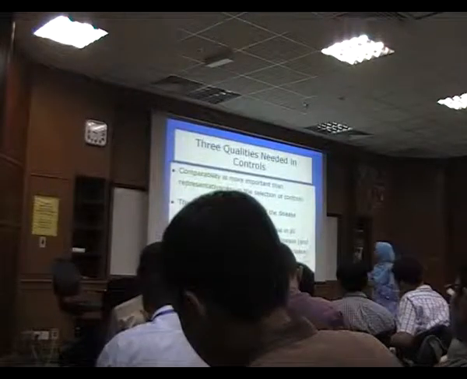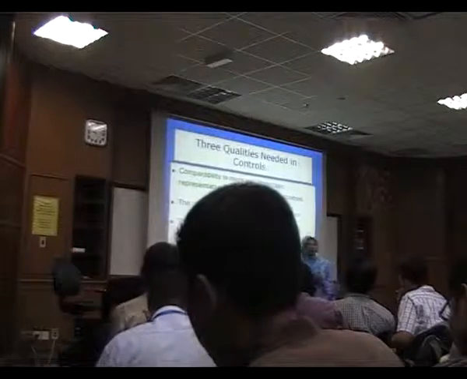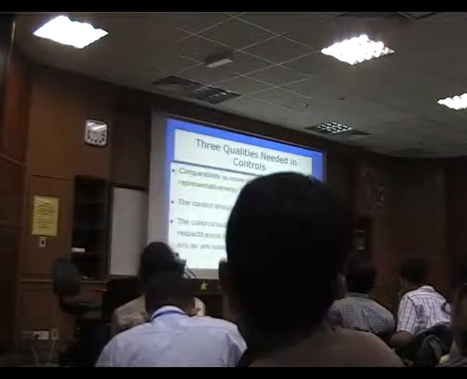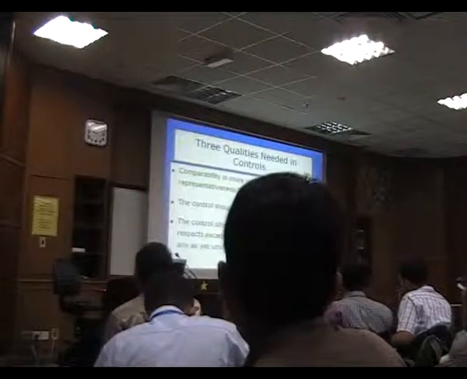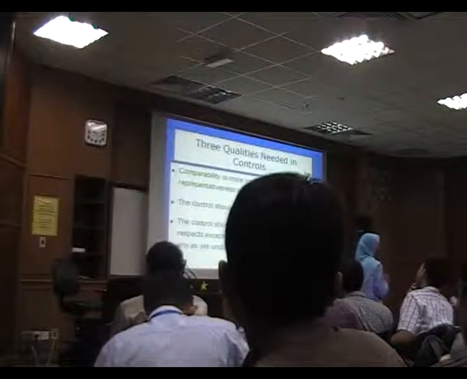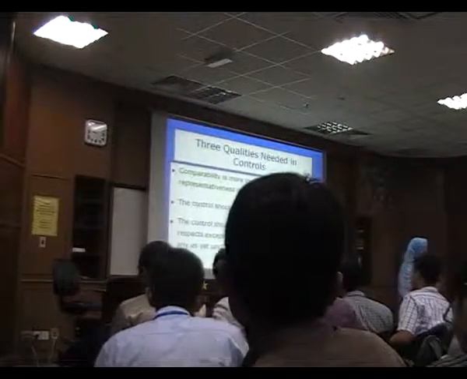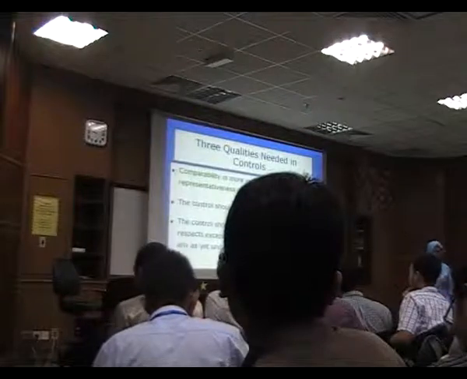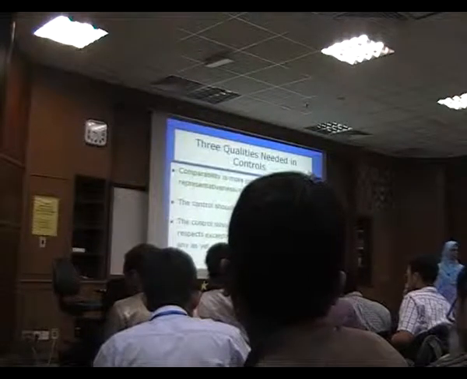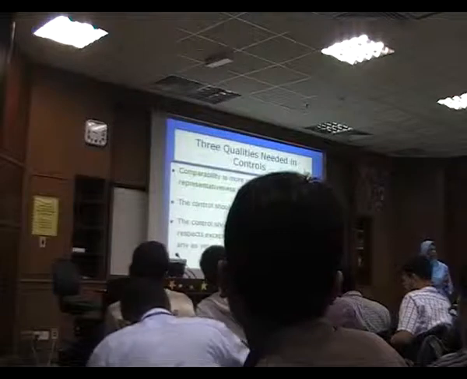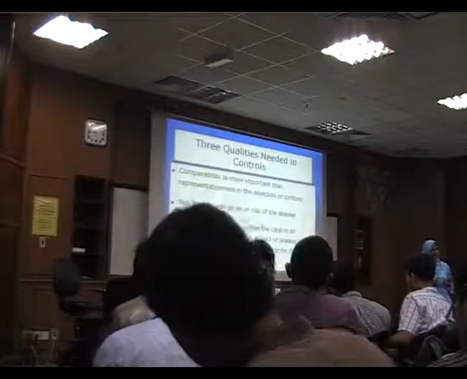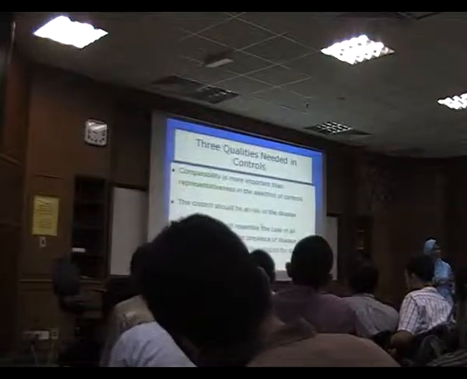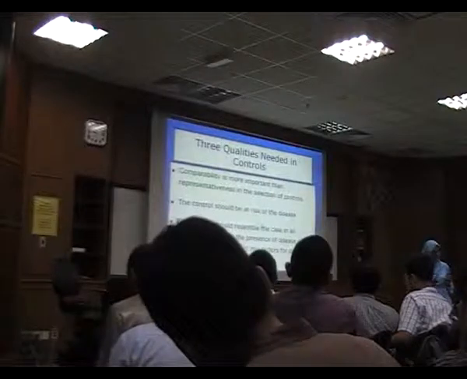And control also should be at risk of the disease. You take lung cancer, you are going to look at the association between lung cancer and smoking. So those who are not suffering from lung cancer should also be at risk of exposure. You understand?